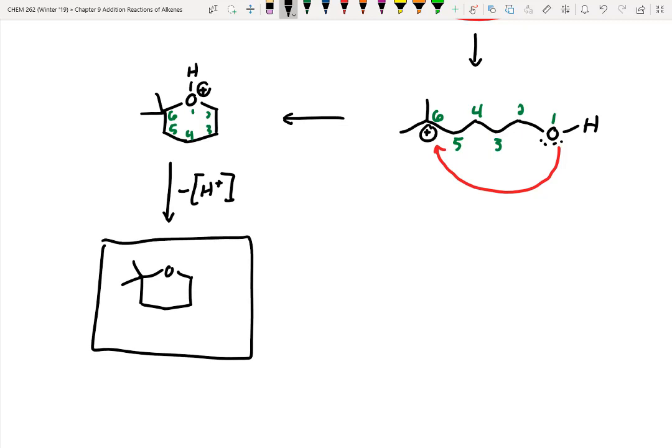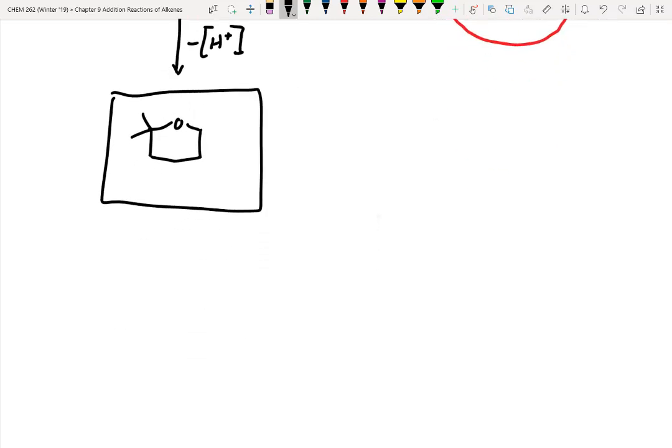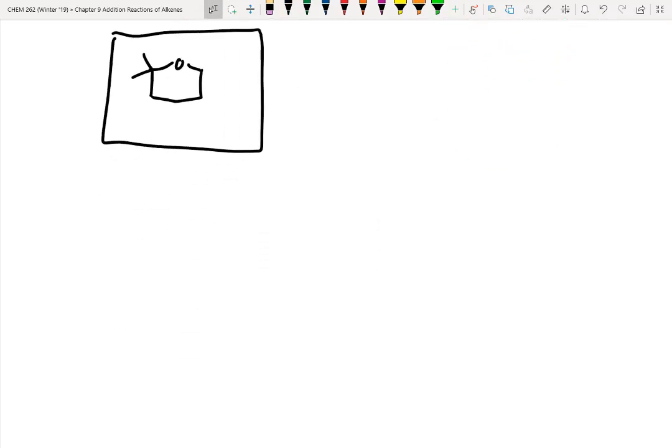An ether. So acid catalyzed hydration can also be used to make some of these ethers. And so as we hit these subsequent chapters in the Klein textbook, we'll see some of these reactions showing up over and over again. But a lot of them you already know how to do just with simple arrow pushing. Does that make sense?